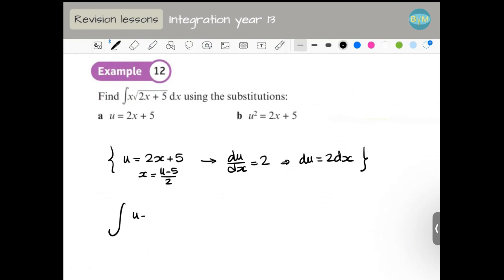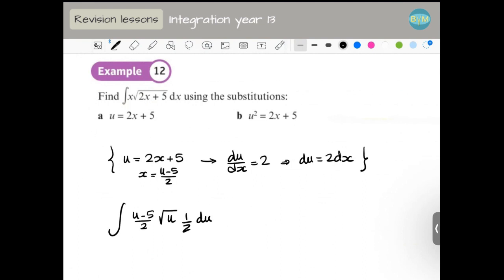I can write u minus 5 divided by 2 all multiplied by root u. Yeah, I'm just substituting the x by this function and the root of u at root u. And then the dx is 1/2 of du. Yeah, so 1/2 du.